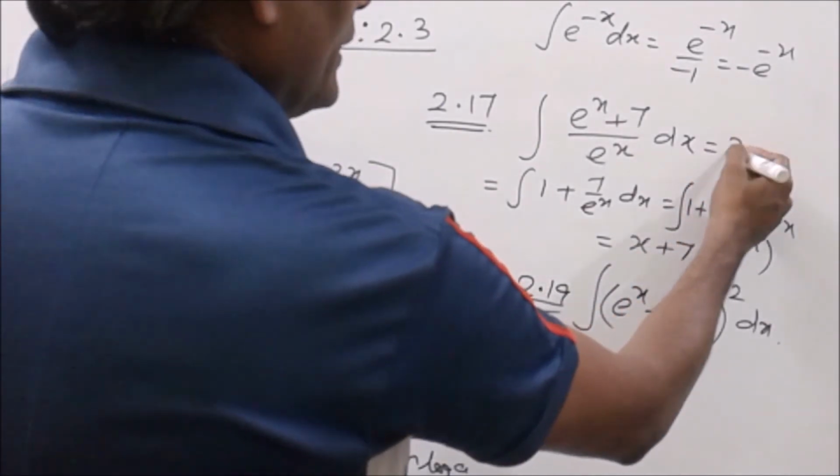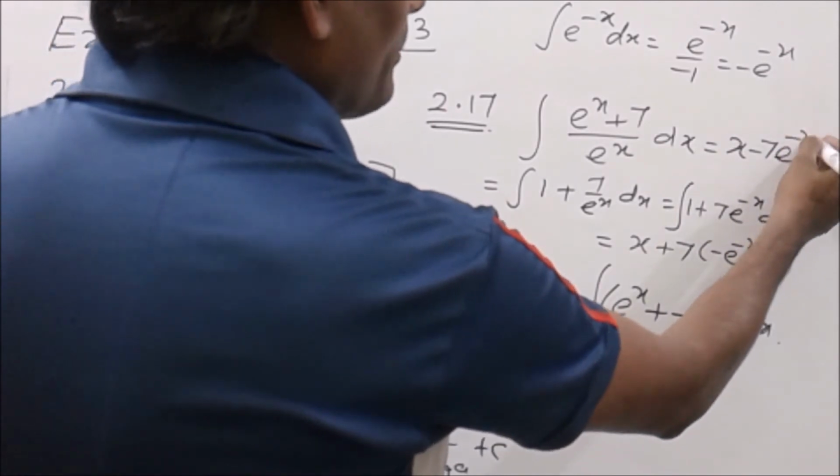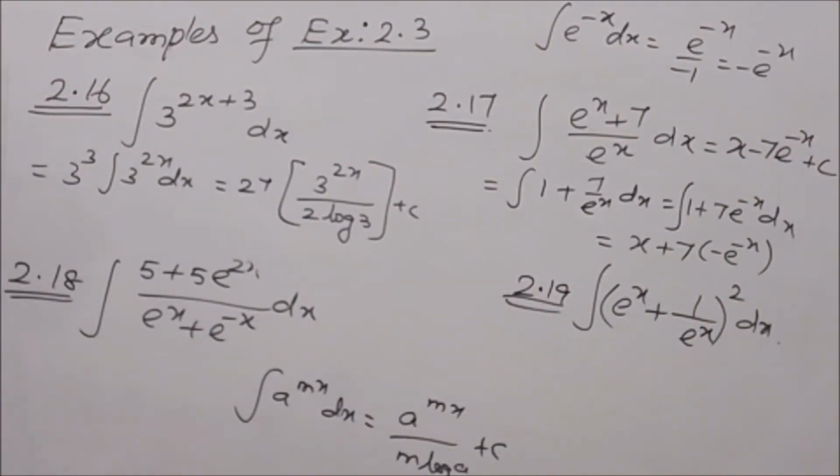So it is equal to x minus 7e^(-x) plus c. That is 2.17.